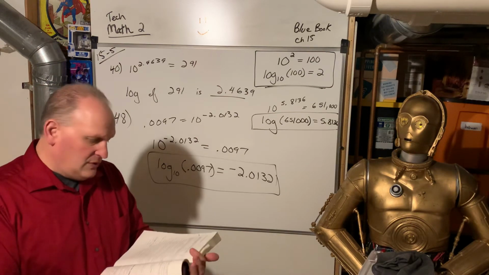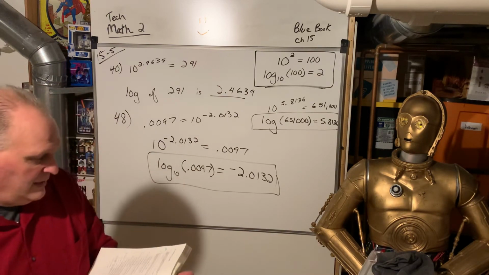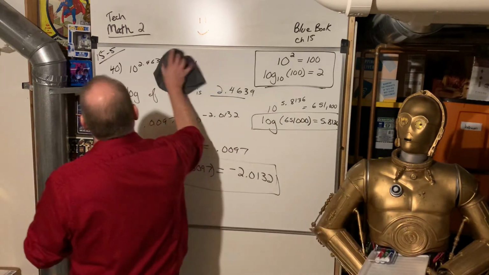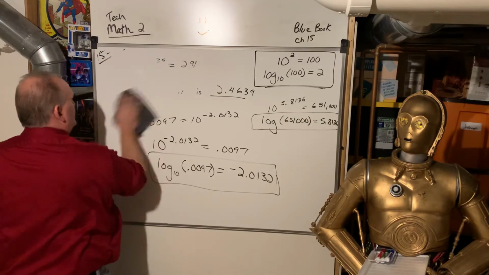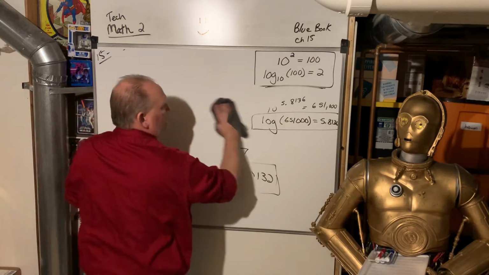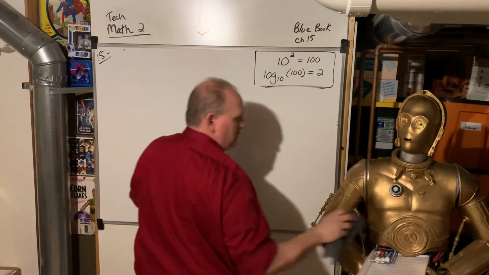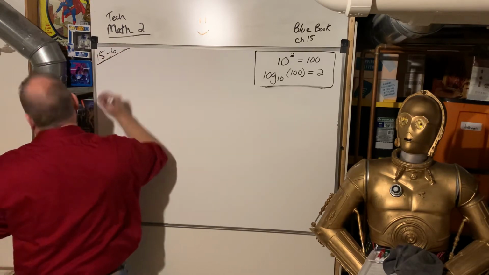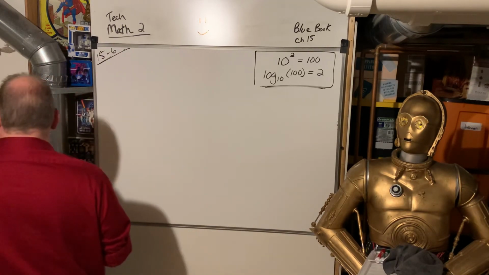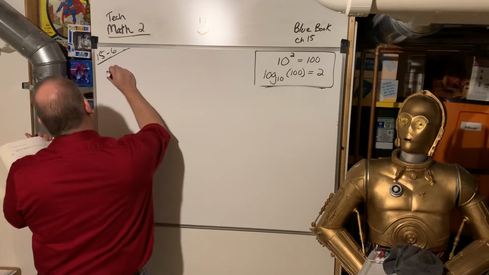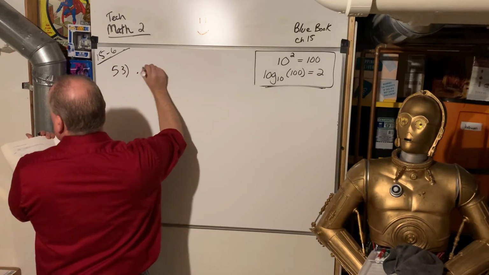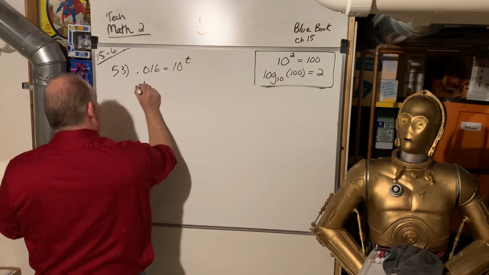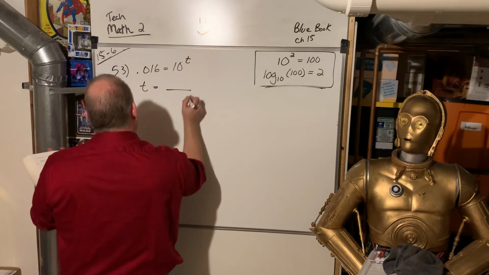So now let's go to solving 5.6. They want us to solve a log problem. So we're going to solve 0.016 is equal to 10 to the t power. So t is equal to what?